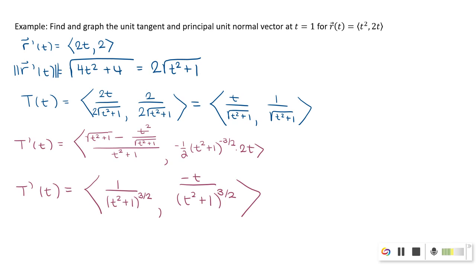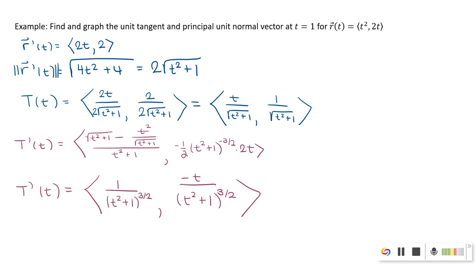I know I didn't show all those algebra steps. I'm really trying to focus on the new stuff here. If you do need help getting caught up with some of the algebra, let me know. I'm more than happy to walk you through those steps. And then for the y component, I didn't use the quotient rule this time. I just thought of the y component as t squared plus 1 to the negative 1/2, and directly applied the chain rule.